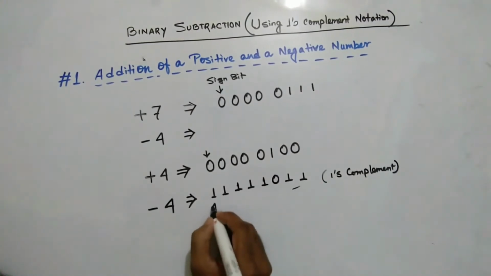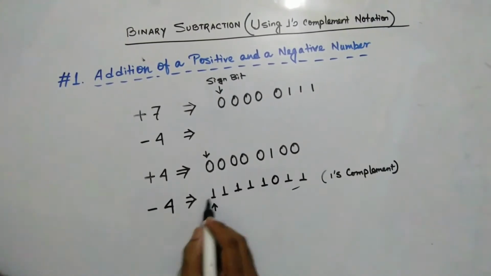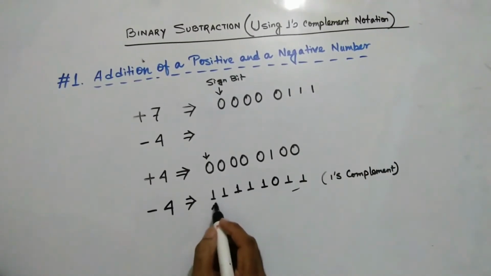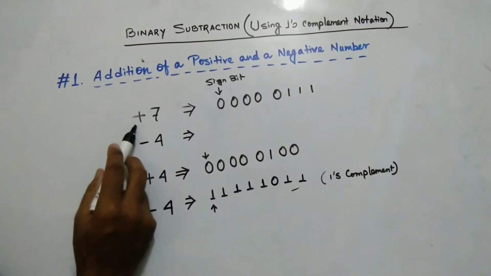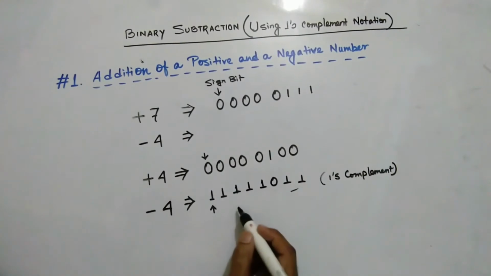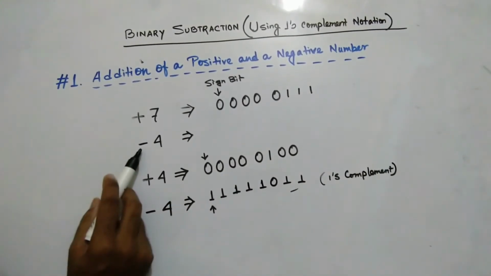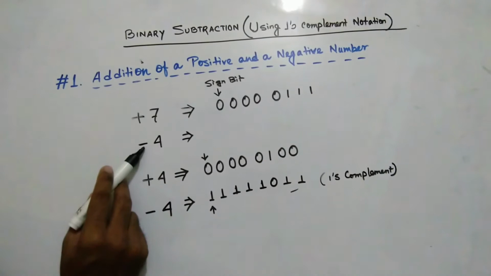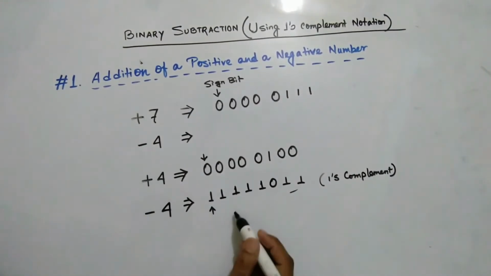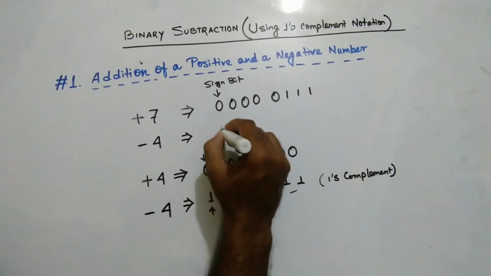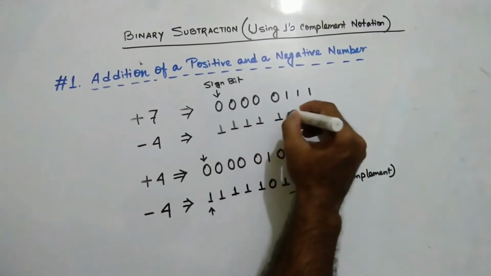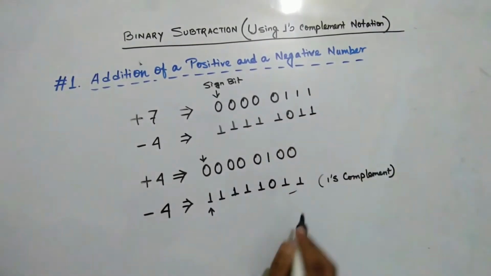Here the sign bit is 1, which indicates a negative number. When the sign bit is 0, it indicates a positive number, and since the sign bit is 1, the number is negative. So we have obtained the binary representation of minus 4 in ones complement notation: 1 1 1 1 1 0 1 1.